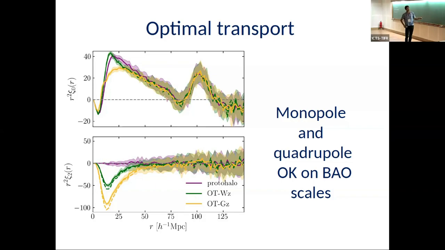This simple linear theory 1 plus f scaling is no good on smaller scales. The green is the best you can do with the model for the dust. So the fact that green is not purple is because linear theory velocities are not the full story.